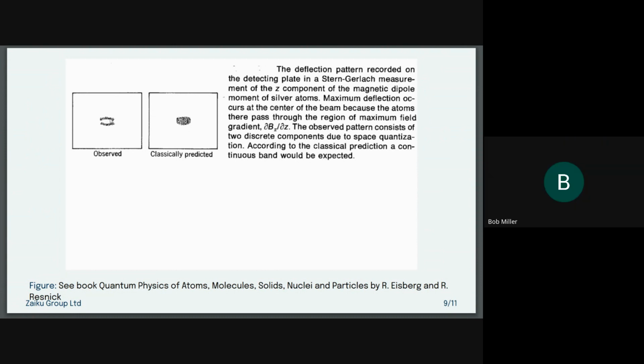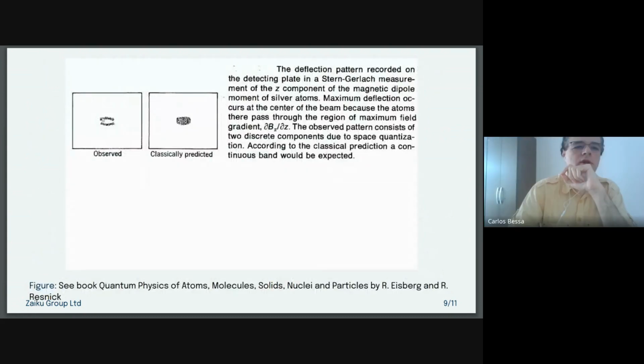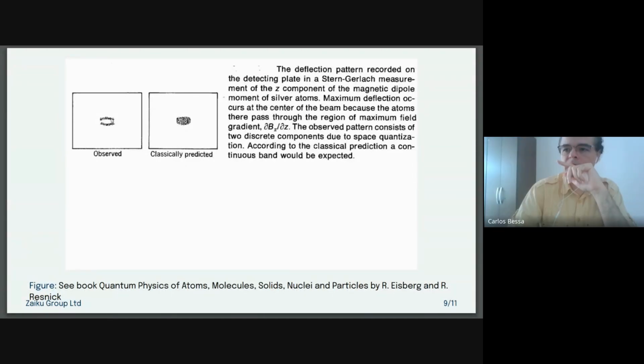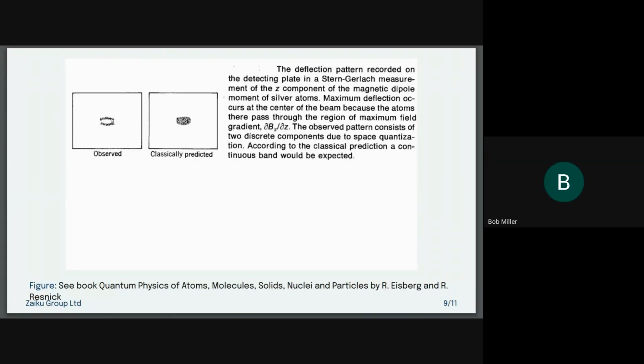Right. And so my question is, pointing at, let's say, the center on the top, is that the value corresponding to m_l equals +1, and the one on the bottom is m_l equals -1?